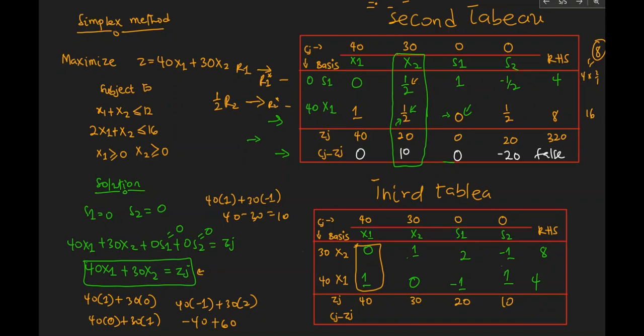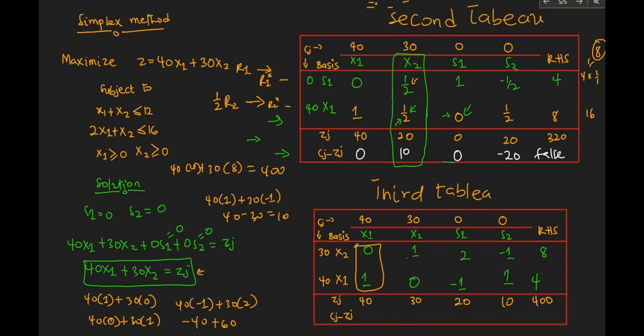For the last one, you're going to have 40 multiplying 4 plus 30 multiplying 8. Let's see what you are going to get. That gives us a value of 400. So we are going to have 400 here.